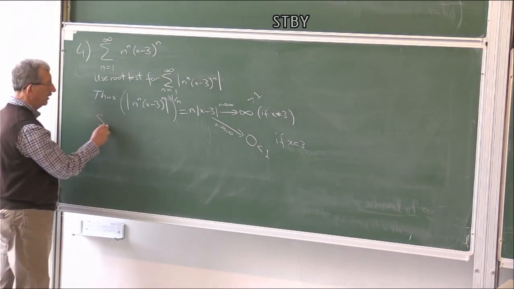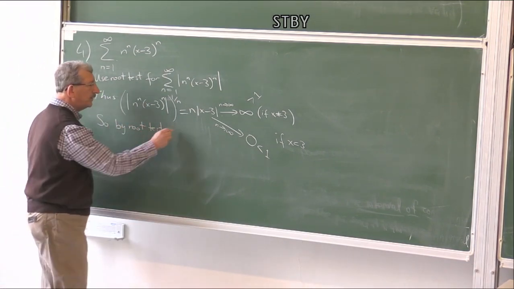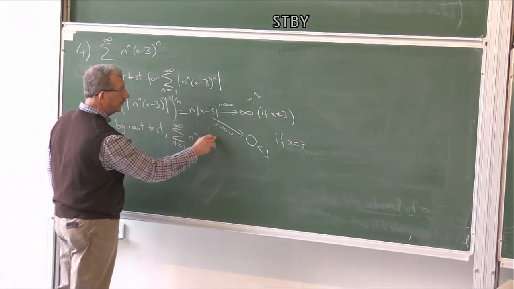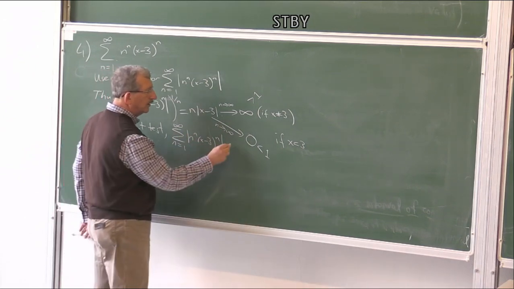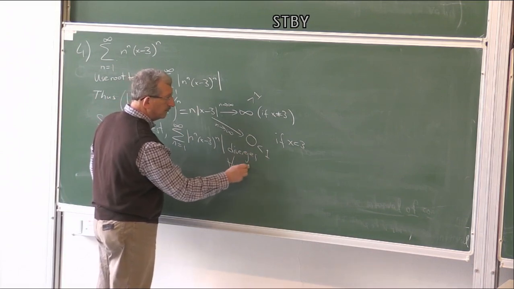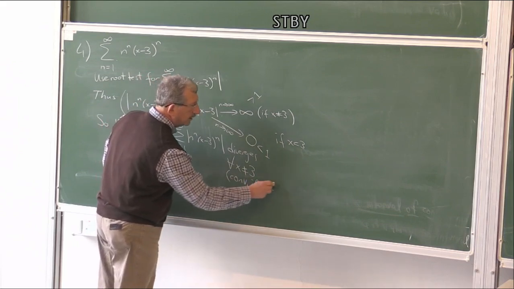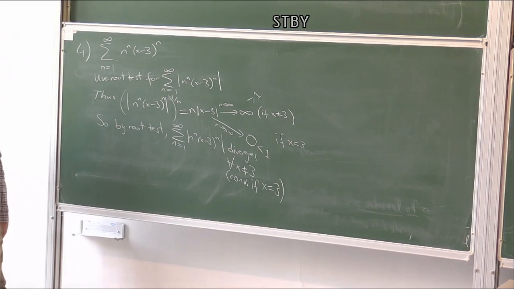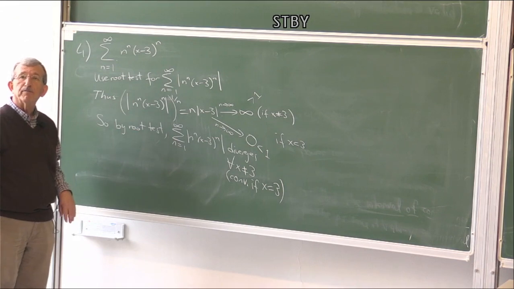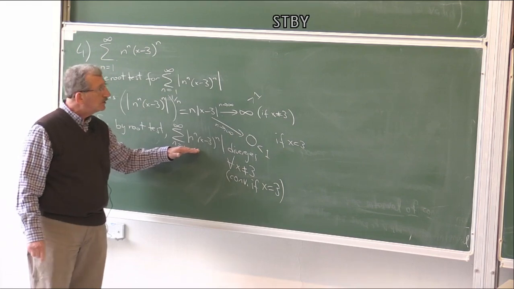So by the root test, the series n to the n (x minus 3) to the n with absolute value diverges for all x different from 3, and of course converges if x is 3. Now, by our previous remark, two examples before, the same is true without absolute value, because we use the root test.